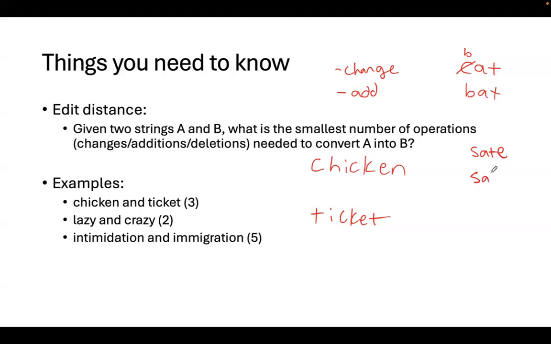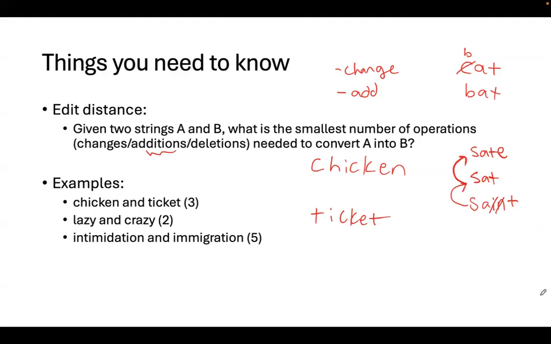And there's the word sat, where if we add an E to sat, we change sat into sate. So that's additions. But we can also have, let's say we have saint, and we can also delete letters. So like if we deleted I and N, then saint turns into sat.